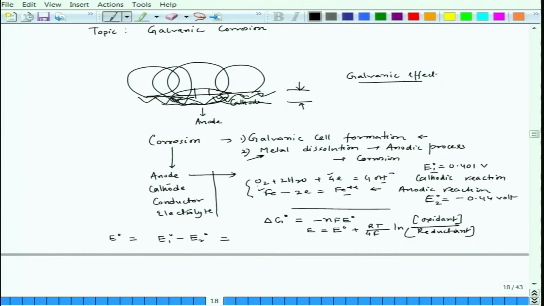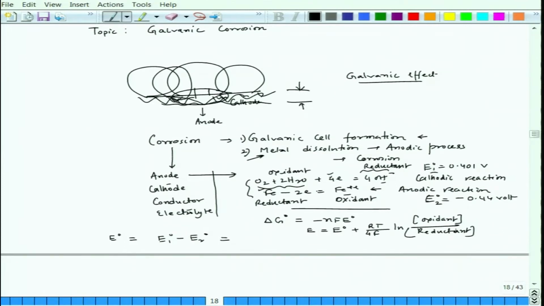Here, this is the oxidant and this is the reductant. And in this case also, this is the oxidant and this is the reductant. And how to recall?